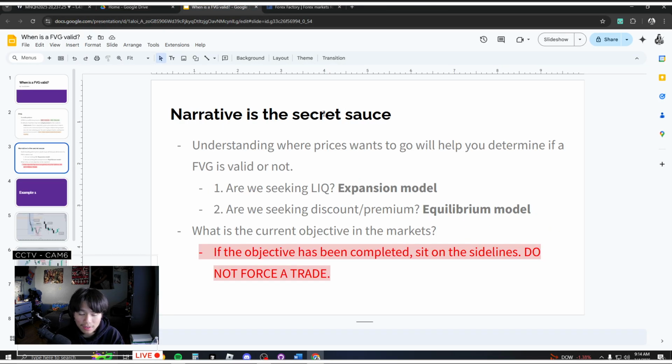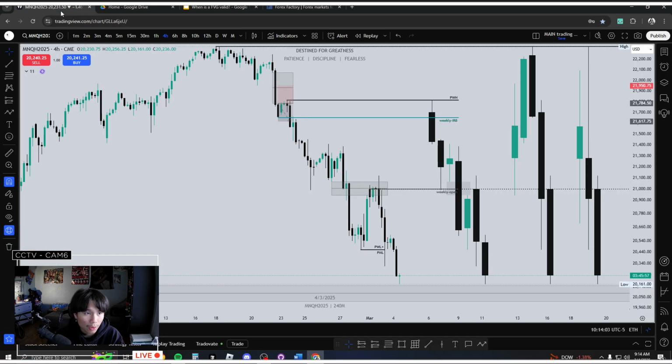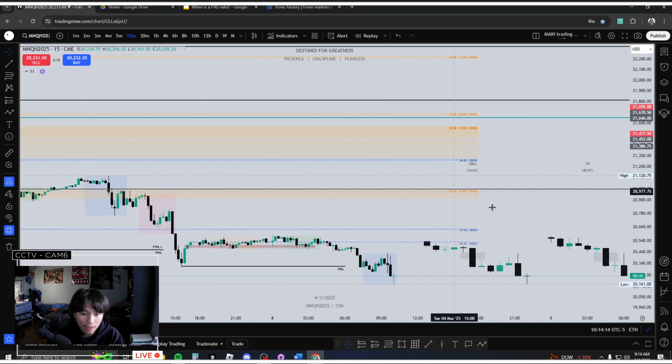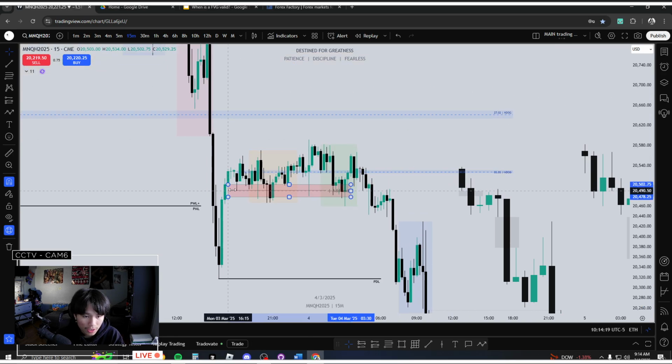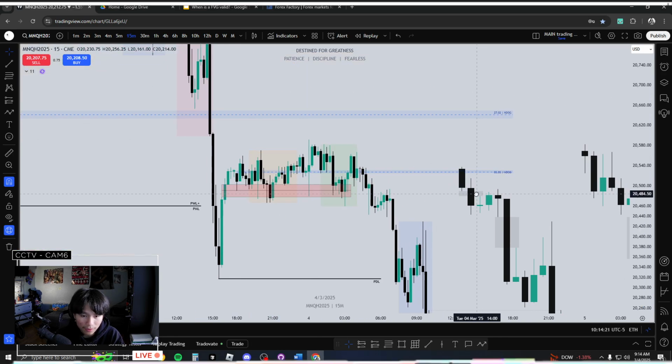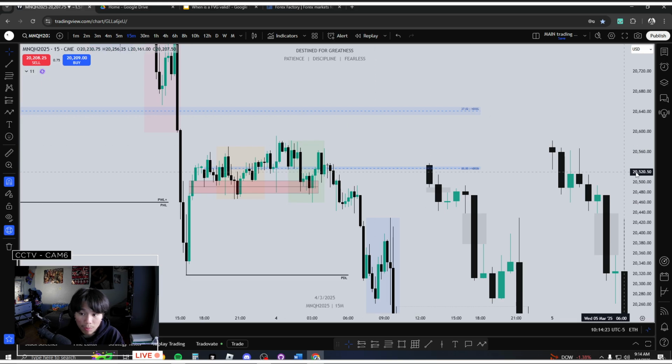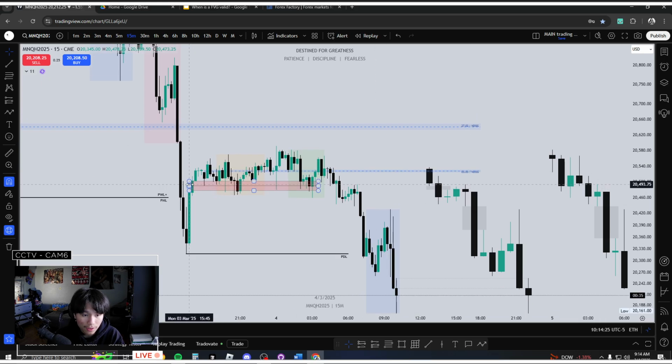Narrative is the secret sauce that makes a fair value gap valid or not. Today we had this bullish inefficiency here on the 15-minute time frame, and people might think of this as an inefficiency that should be respected. So why did this 15-minute fair value gap end up getting inversed?